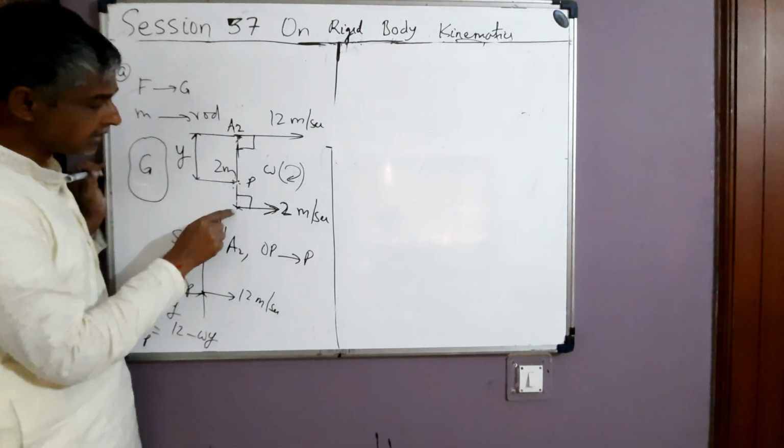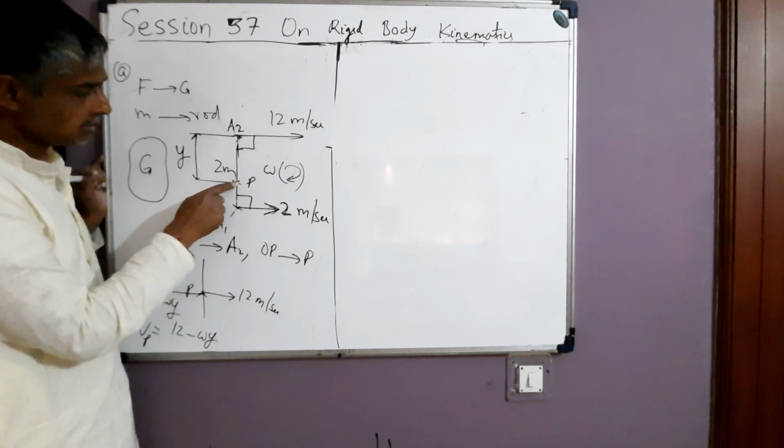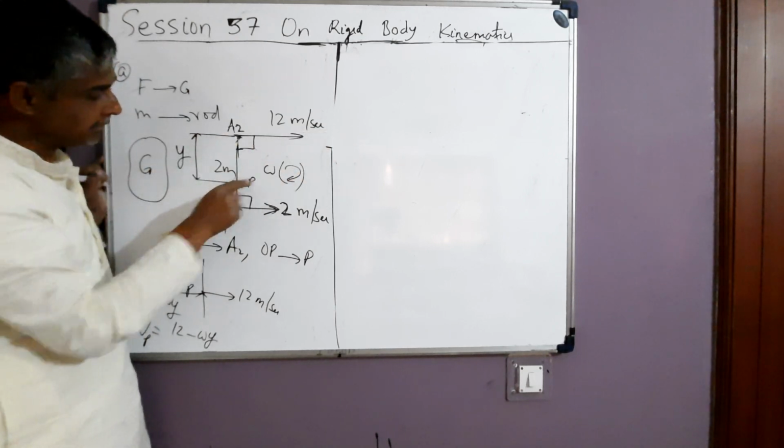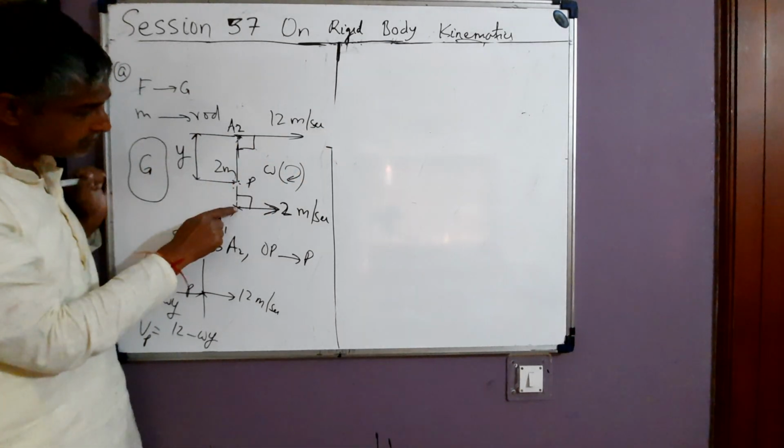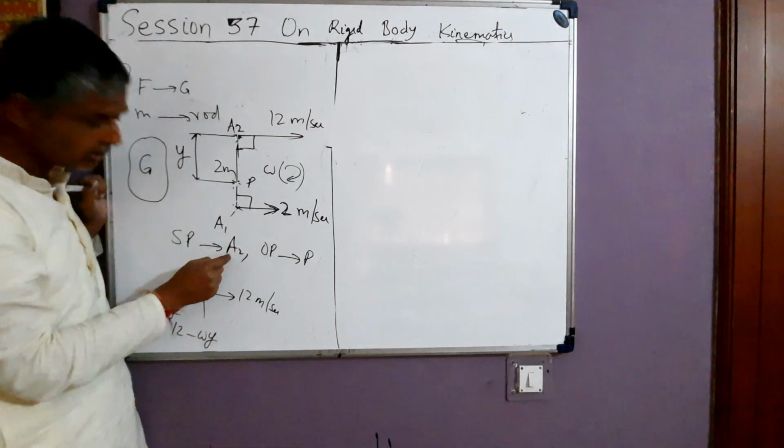So IC will lie somewhere below A1. Is it clear? Because if IC lies somewhere here, then all points above P should move rightward and all points below P should move leftward. But this point is moving rightward. So IC cannot be on this line segment. It should be somewhere below A1.